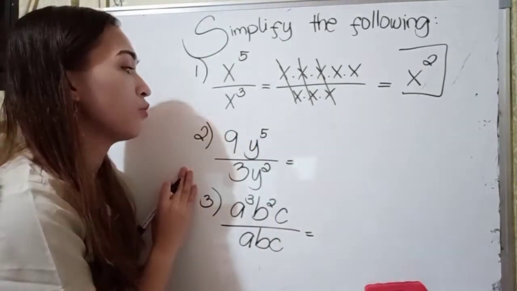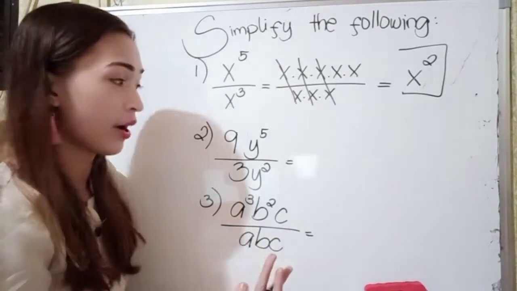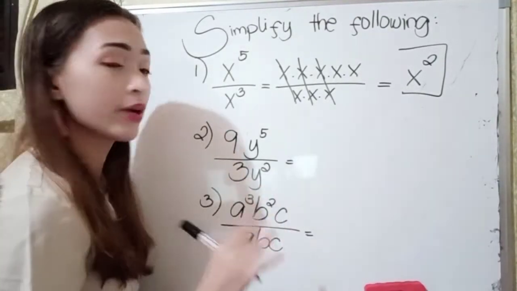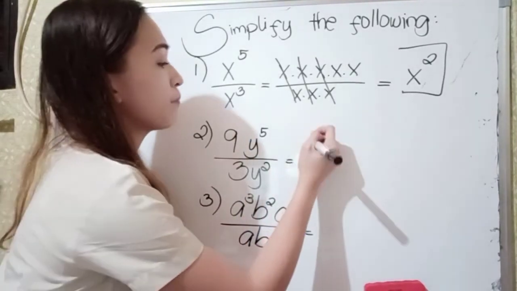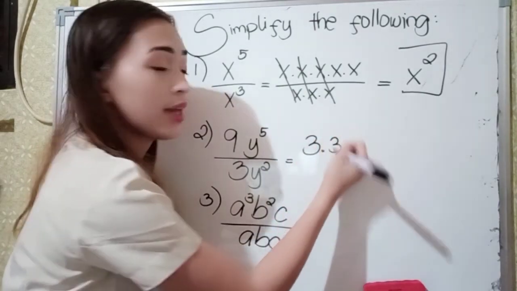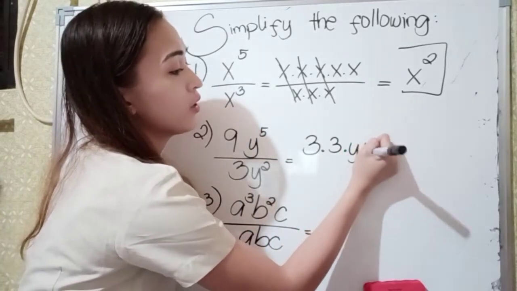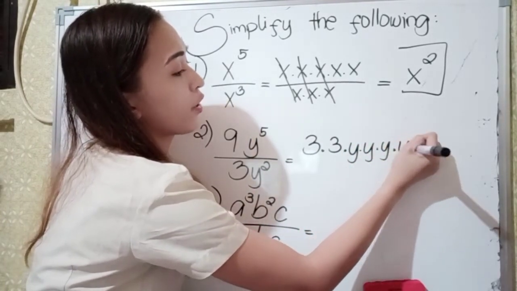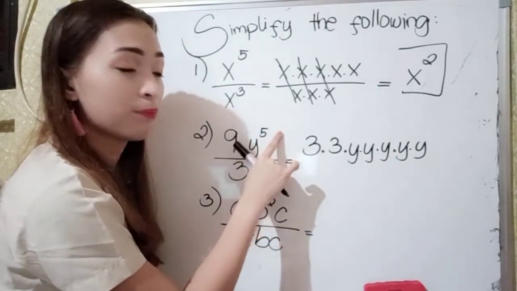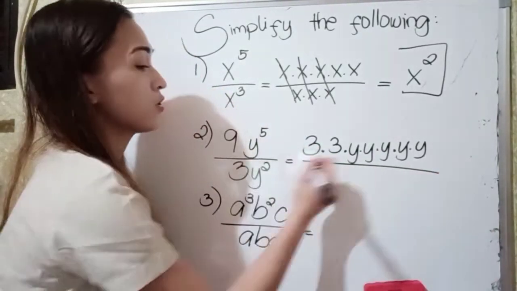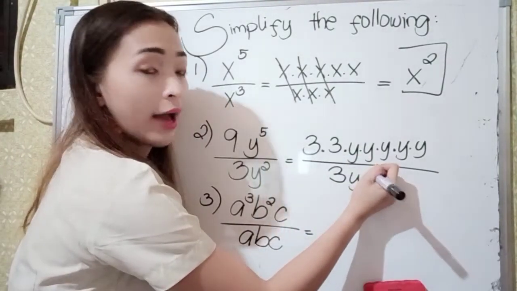In number 2, we have 9y to the 5th power over 3y squared. Let's first factor the number 9. The factors of 9 are 3 times 3. Next, we have 5 y's: 1, 2, 3, 4, 5. So we have y raised to 5th power over 3. We don't have factors for 3, so 3. And we have y times y.